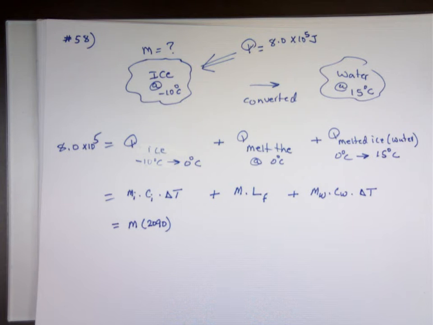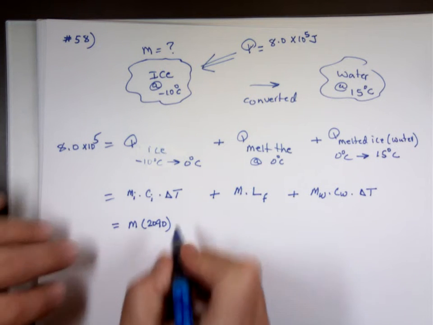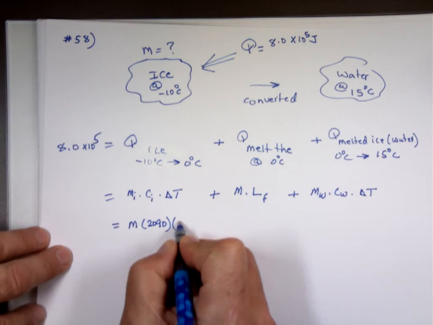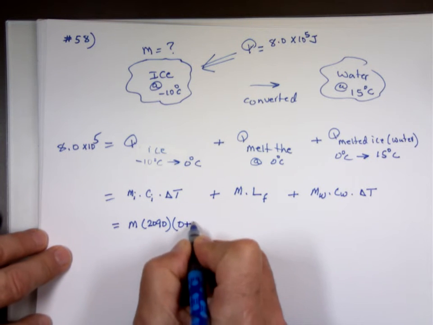Specific heat for ice. I'm almost positive it's 2090. Ice, 2090, yep. Final temperature, which is 0, minus the initial, minus a minus 10, plus 10.